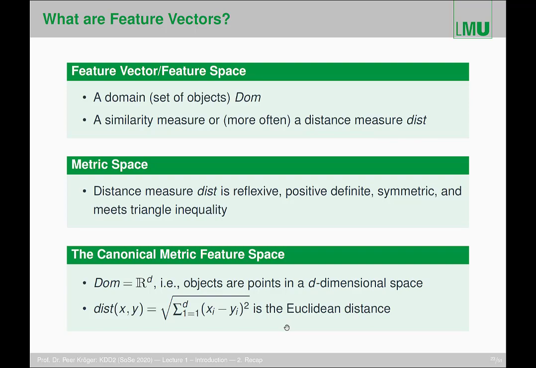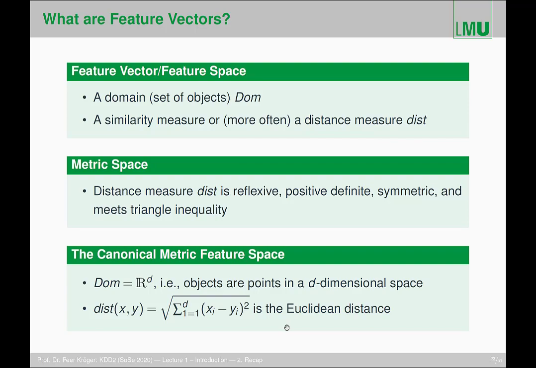It's then called a pseudometric, for example, and your methods usually still work with those kinds of distance measures. So the metric properties are not so important in practice. Even though people, especially in the research community, make a lot of ado about it, in practice it doesn't play such an important role.